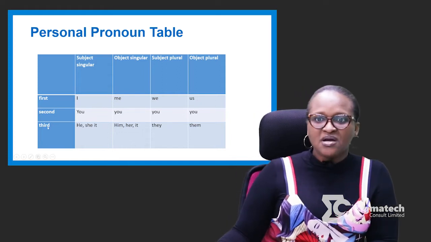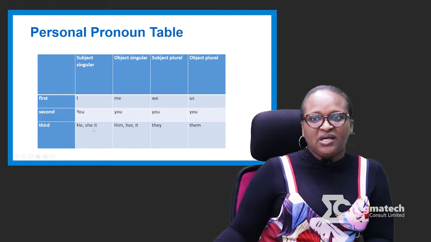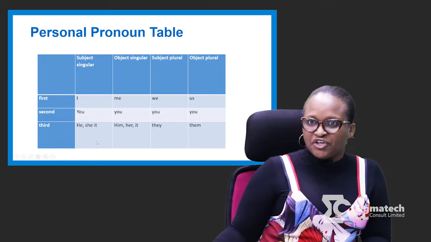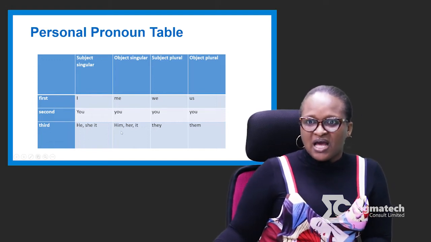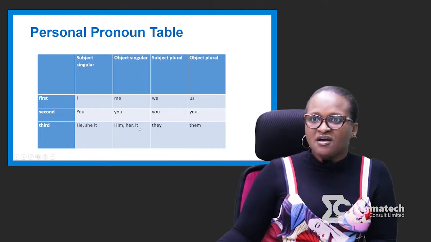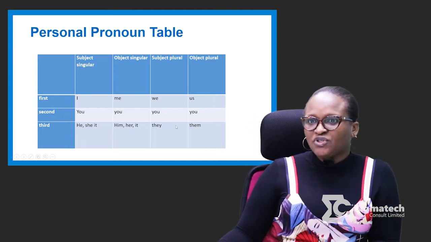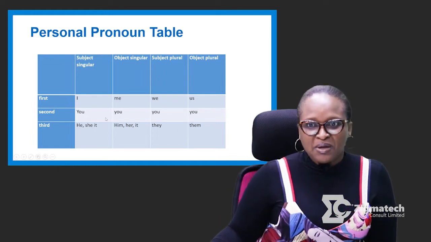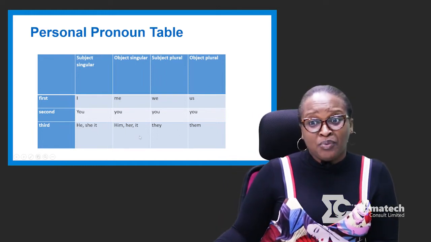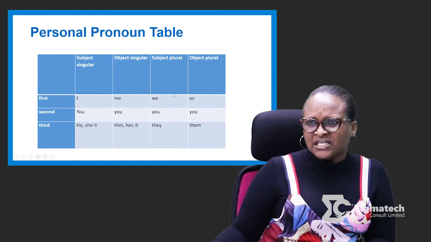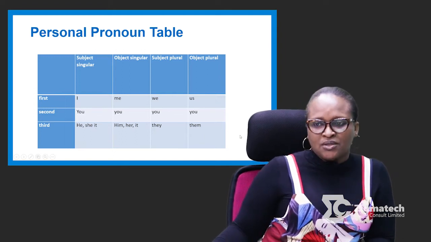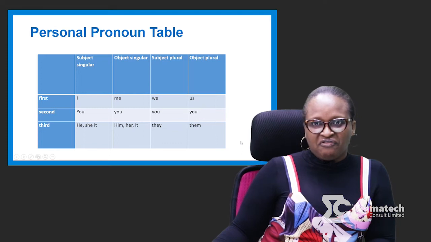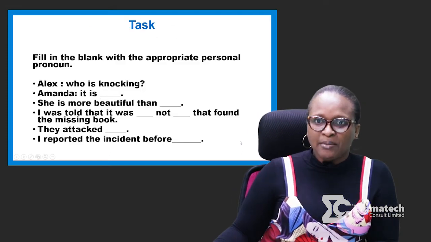And the third person, we have he, she, it as subject singular, and the object singulars are him, her, and it. Finally, you have the subject plural, they, and object plural, them. It is important for us to note that it can serve as an impersonal pronoun, though referred to as a personal pronoun type.